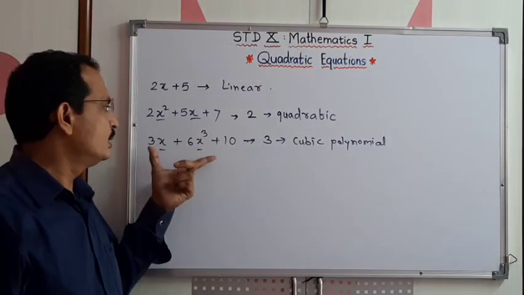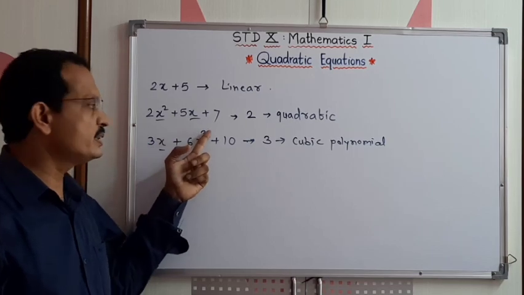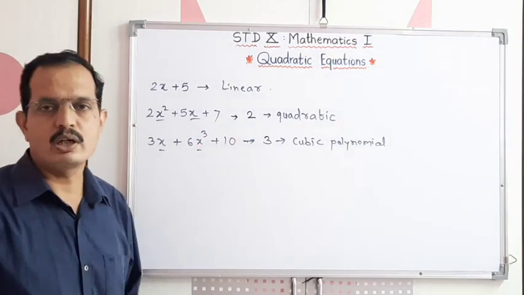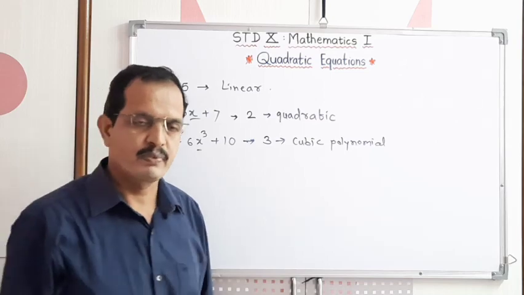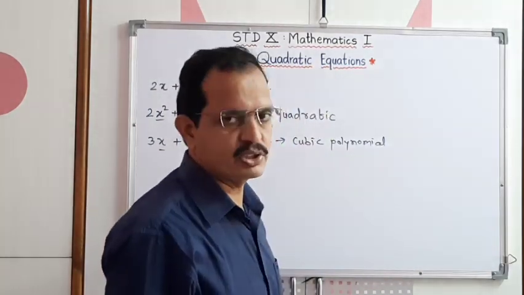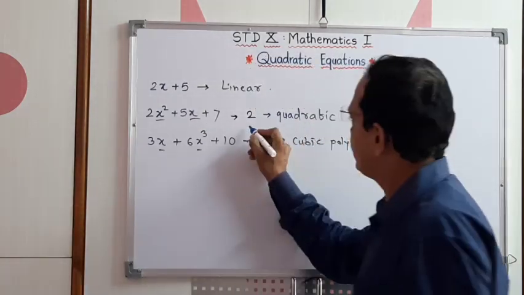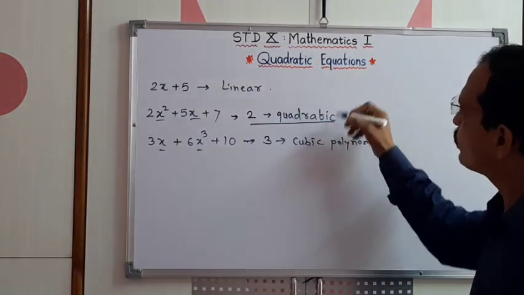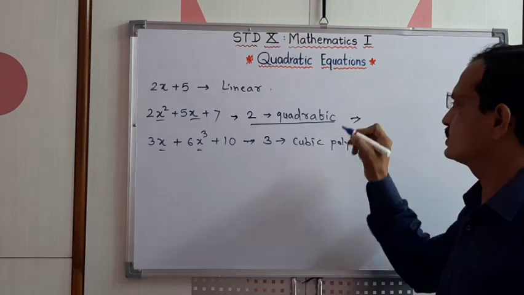And the third one, the maximum degree is 3 and therefore it is called a cubic polynomial. In the same way we have to see quadratic equations.